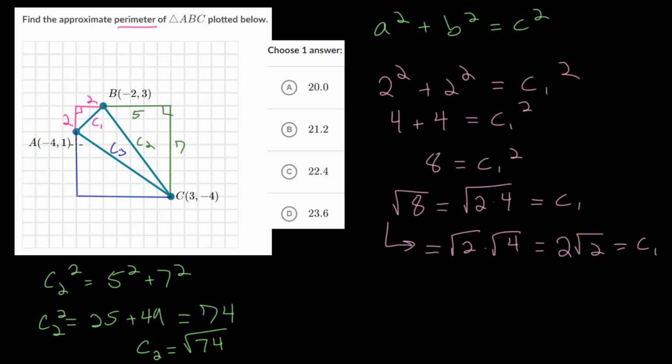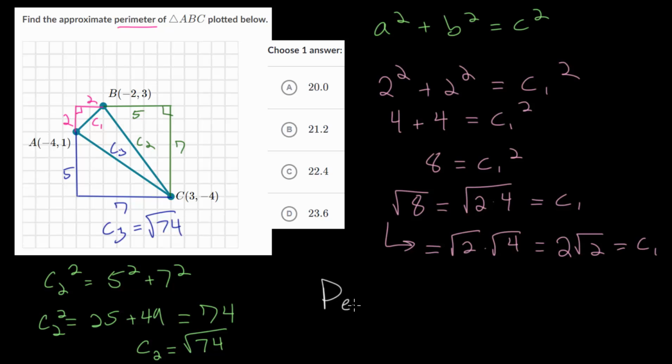So let's count. This is 1, 2, 3, 4, 5 long, and this is 1, 2, 3, 4, 5, 6, 7. So that's convenient for us because it's the same triangle here. So right away, we will end up with this exact same scenario, except we'd have c sub 3 squared. But this is also going to be the square root of 74.